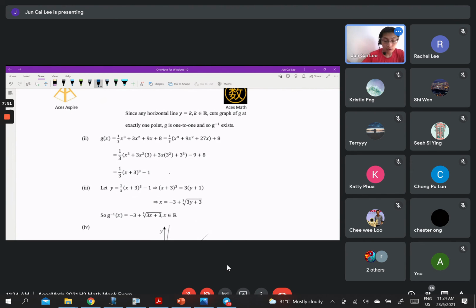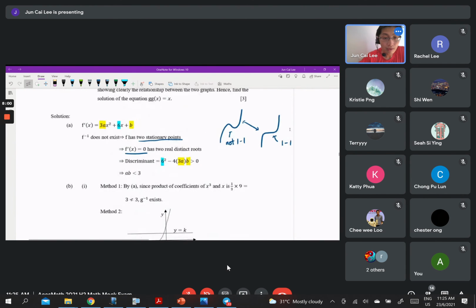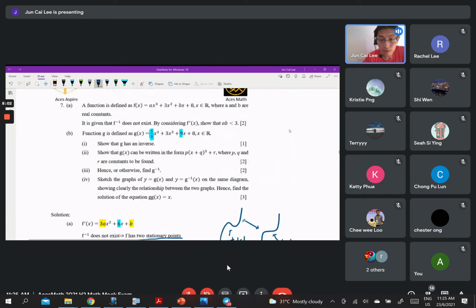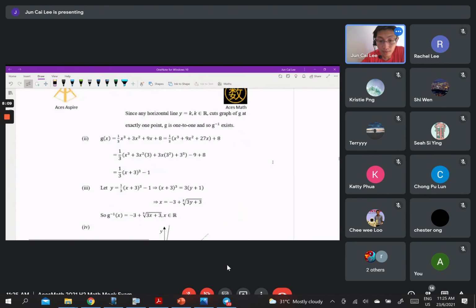Over here I'm doing the shortcut way, but it is more intuitive, if it's harder to see, you can do it this way: (px + q) cubed plus r. Just by combining the coefficient, you already see that p has to be 1/3. So you can actually start off this way.